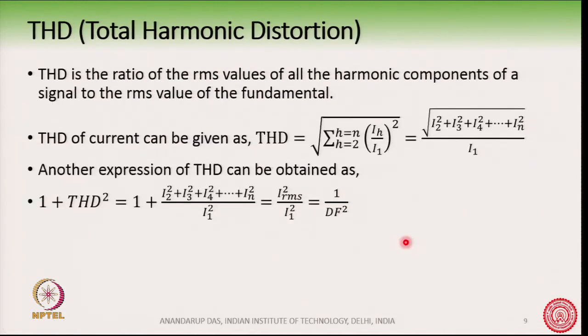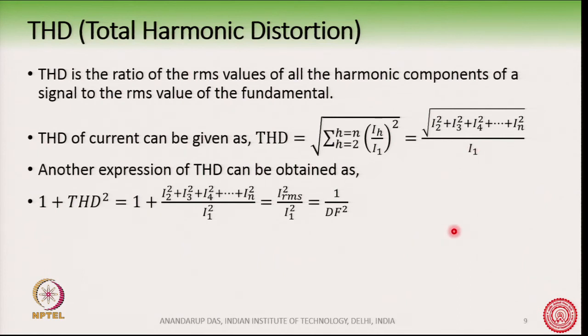Then another definition which is frequently used is total harmonic distortion. It is defined like this. Basically it is the contribution of all the harmonics as a percentage of I1, that is, as a percentage of the fundamental. It is the square root of I2 square plus I3 square up to In square, divided by I1.